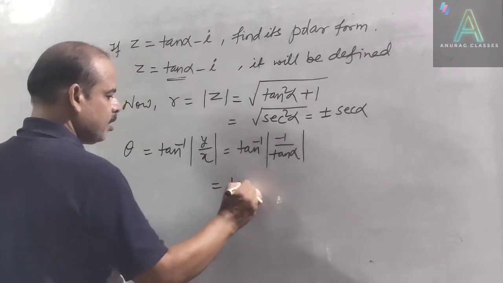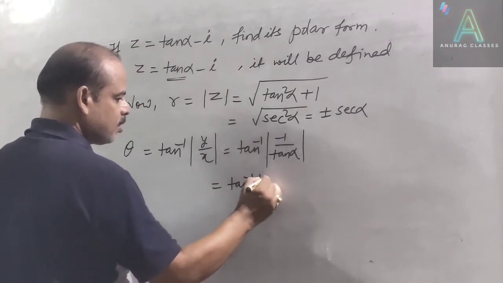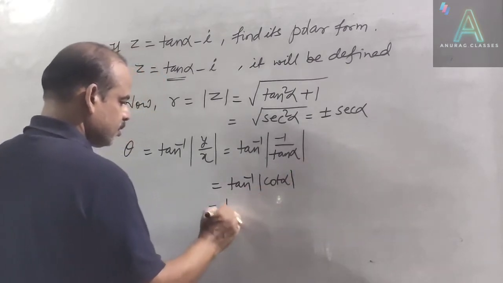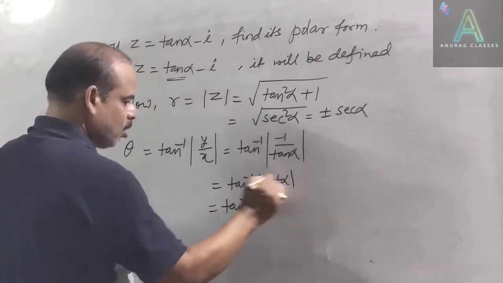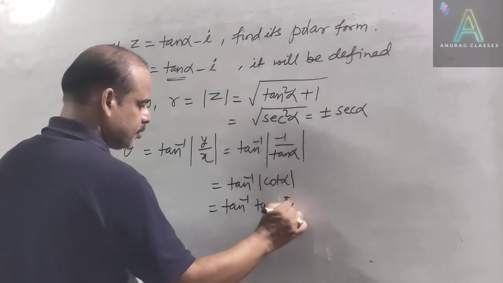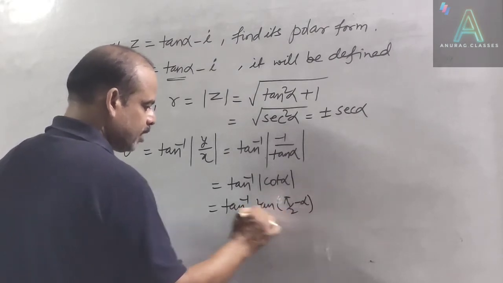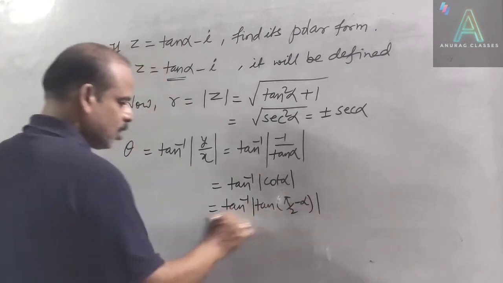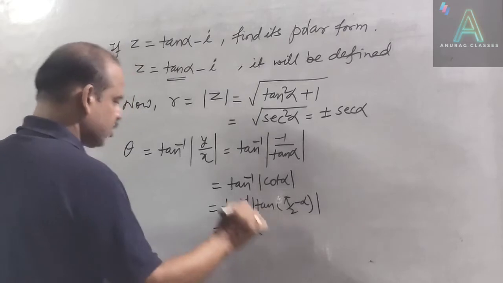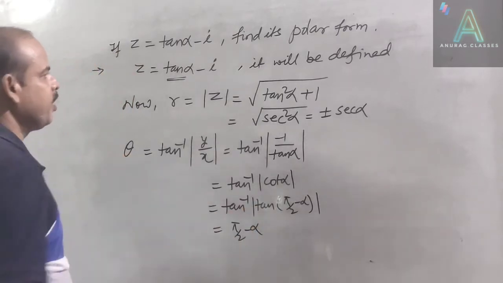It will be tan inverse cot alpha, and cot alpha can be written as tan(pi by 2 minus alpha). So now tan inverse and tan cancel. It is pi by 2 minus alpha. It is the value of theta.